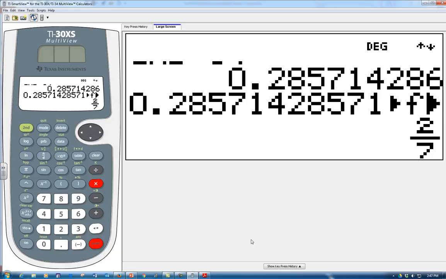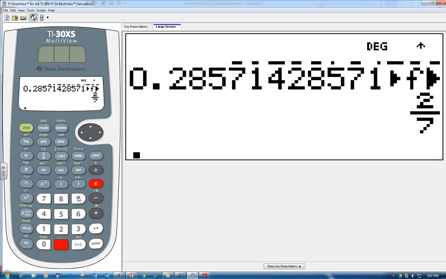Let's go on over to the ones where they give you the decimals to begin with. So let's look at number 34. Number 34 gives you 0.95 and it wants you to give a fraction and a percent. So we're going to punch in 0.95. To get the percent, we simply multiply by 100.